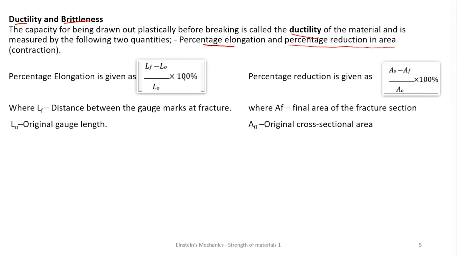So we are trying to know the amount of elongation that was produced in a material. We are going to either use the elongation related to the length, or the reduction related to the area.